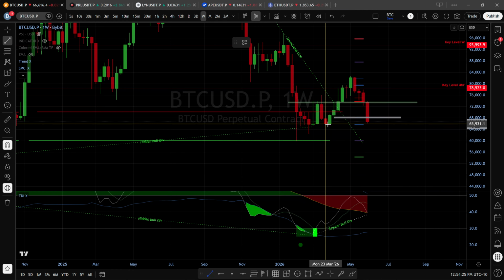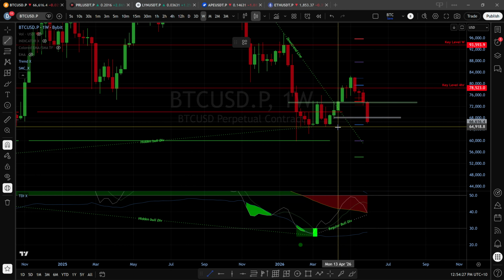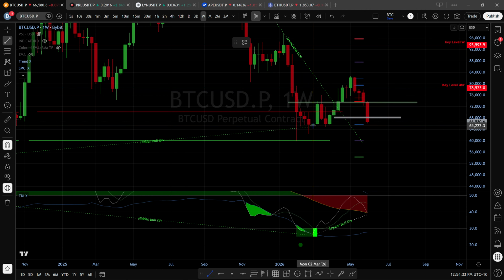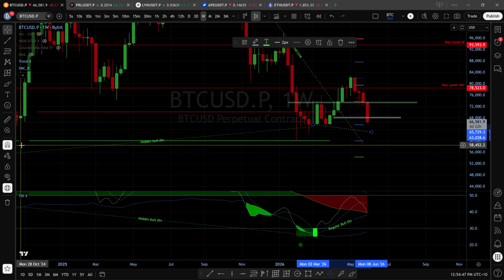So in this case, if price comes down below these opposing levels, this bottom here, if Bitcoin comes down below 65,700, all it's going to do is form a bull div.